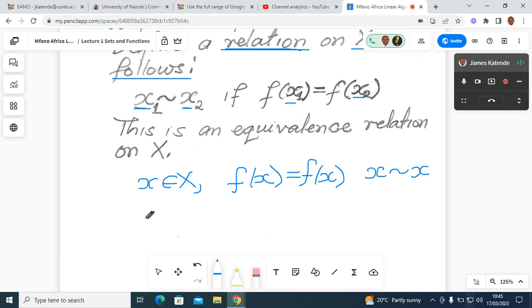The second property is the symmetric property. I don't know that I should use the same letters, so suppose a is related to b. What does this mean? By how we've defined our relation, this means that f of a must be equal to f of b.